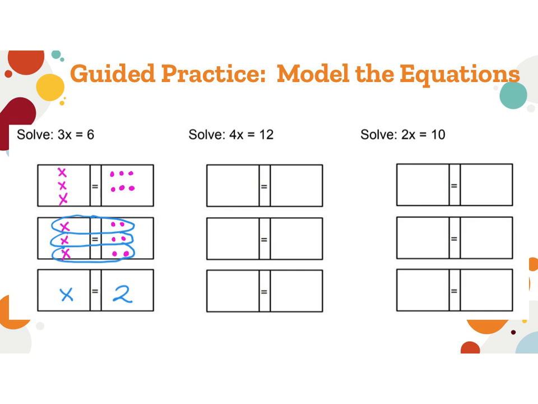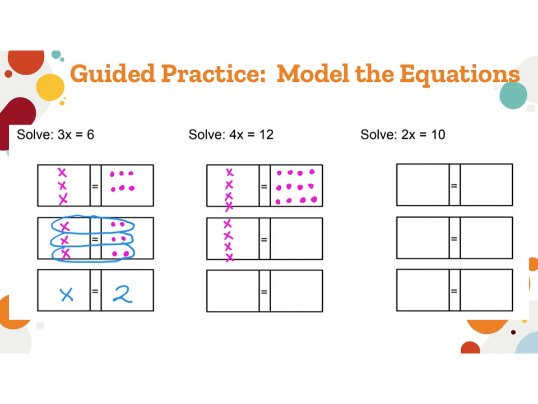Next, let's solve the equation 4x equals 12. On the left, I'm going to put 4 x's. And on the right, I'm going to put 12 dots. In the next boxes down below, I'm still going to put my 4 x's.